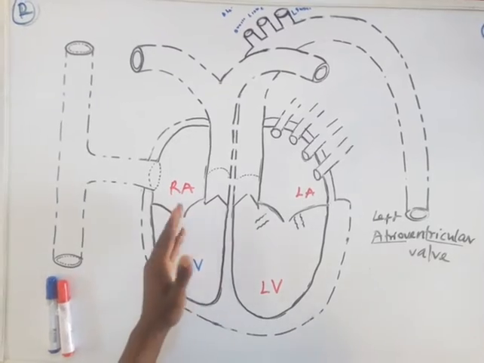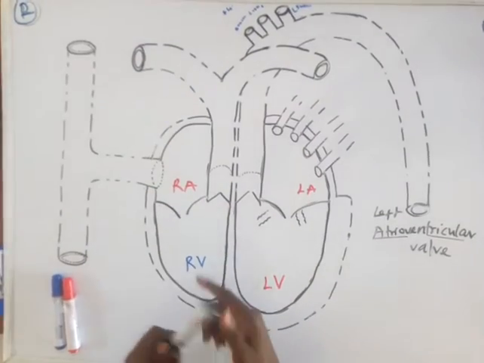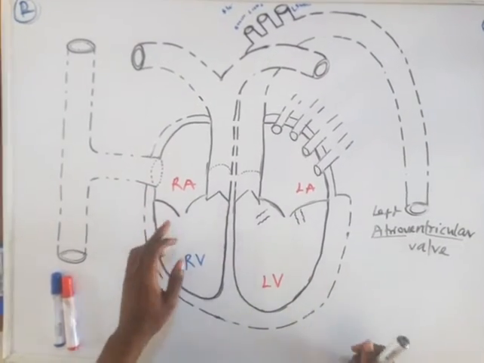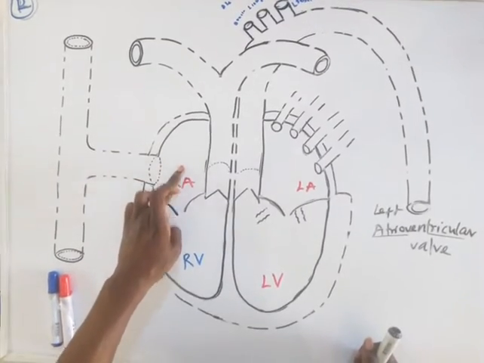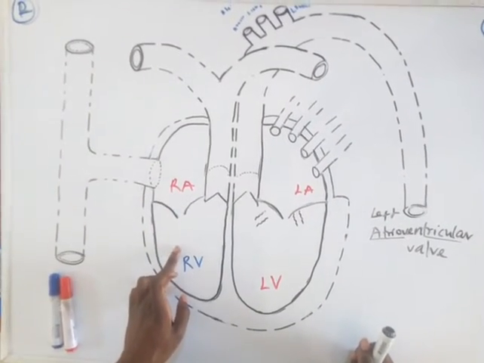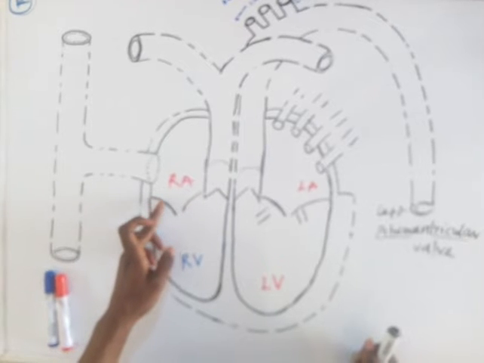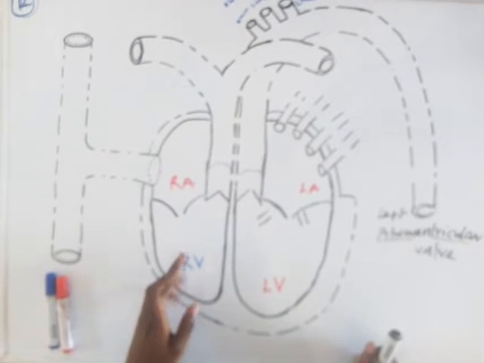On the right side of the heart, the valve between the atrium and the ventricle is called the right atrioventricular valve.